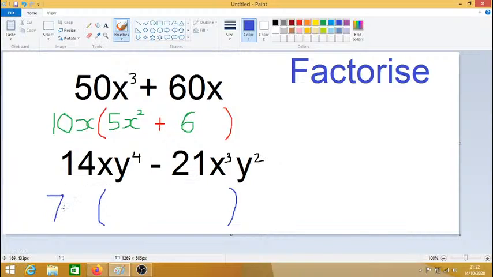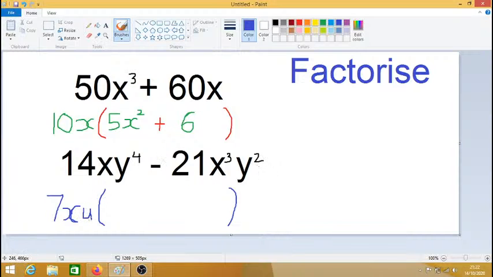We're going to need a 7x to then be able to make x, and then the 21x cubed is also going to need an x as the common factor, and that's still not going to be enough. We need to make the y's as well, so it's going to be a y.